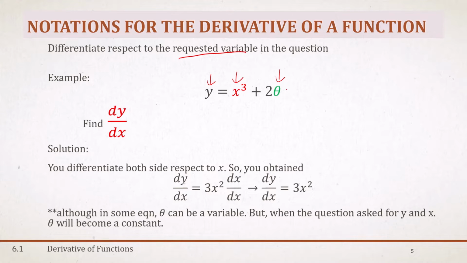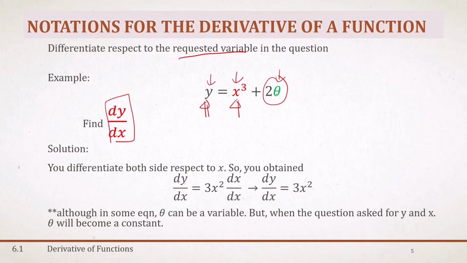If people don't tell you which are the variables, y, x, and theta are your variables. But when we differentiate, you must tell people which variable you want to differentiate with respect to. Here, I'm going to differentiate y with respect to x. So this is your y and this is your x, and now theta becomes a constant.